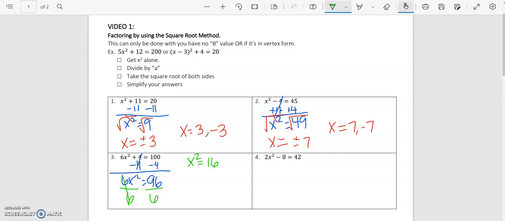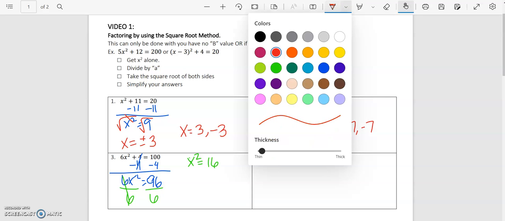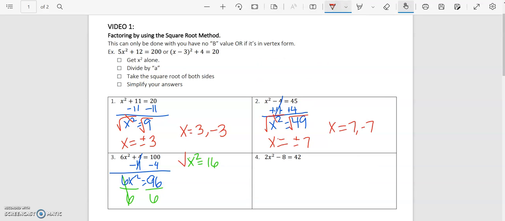And now we can take that third step of taking the square root of both sides. So that simplifies out, so we have x equals positive or negative 4. Or again, we could write that as 4 comma negative 4.